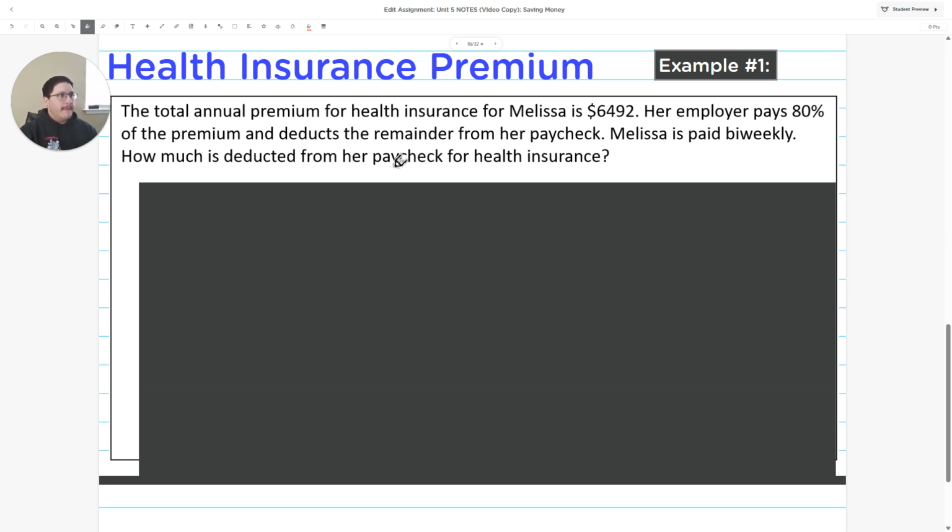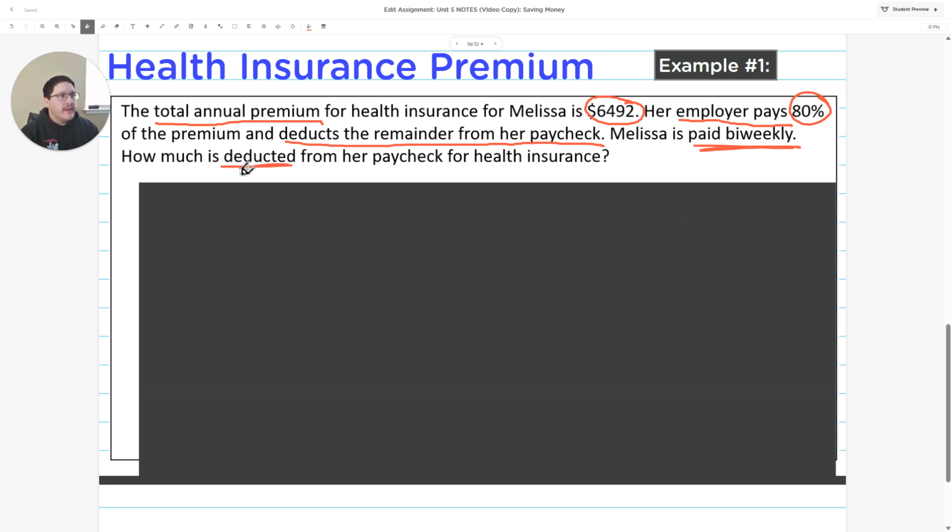So example one, the total annual premium for health insurance for Melissa is $6,492. Her employer pays 80% of the premium and deducts the remaining from her paycheck. Melissa is paid bi-weekly.